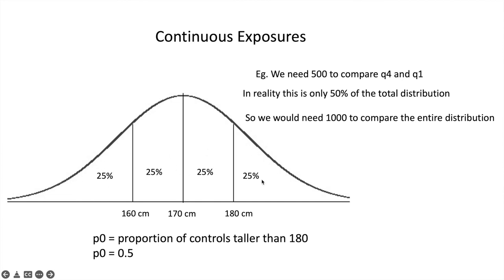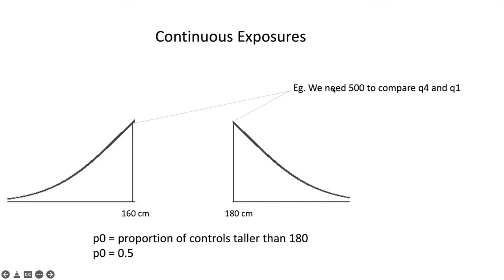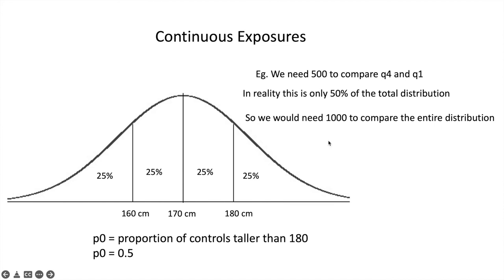We used this quartile and this quartile for a total of 50%, but this 50% was missing, so we need to double the sample size we found. So if here we found we needed 500 people, we need to double that to 1,000 to be able to capture the people here.